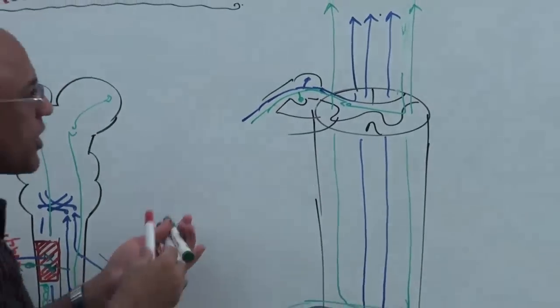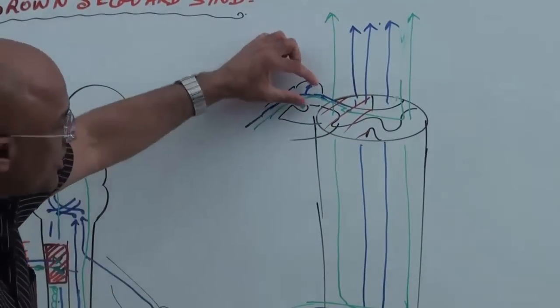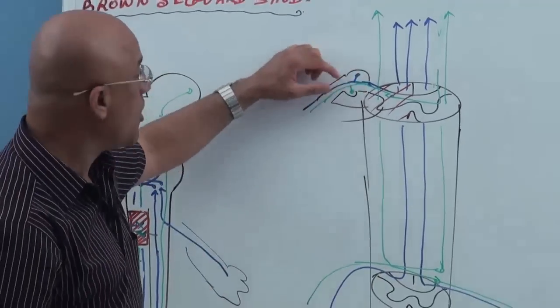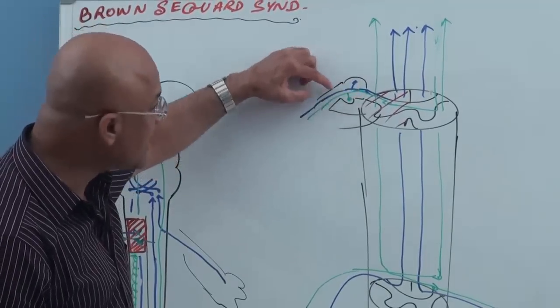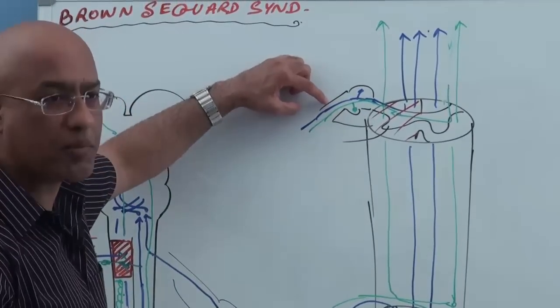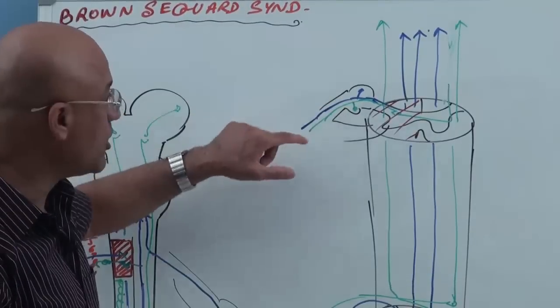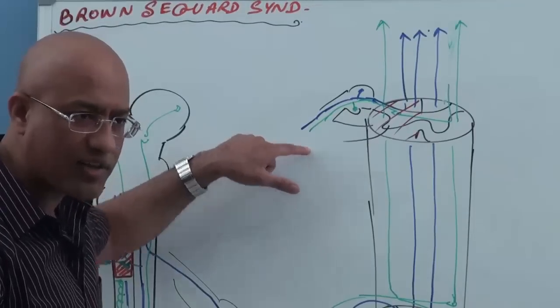But actually, because there is damage here, what will happen? All the sensations which are entering at the level of the lesion, they are damaged. So at the level of lesion, patient will have what problem? Complete loss of sensations. Dorsal column sensations are lost, as well as pain and temperature sensations are lost.